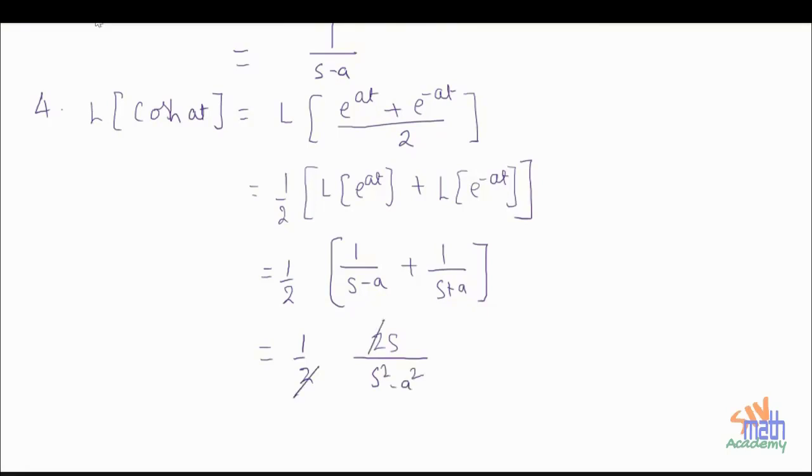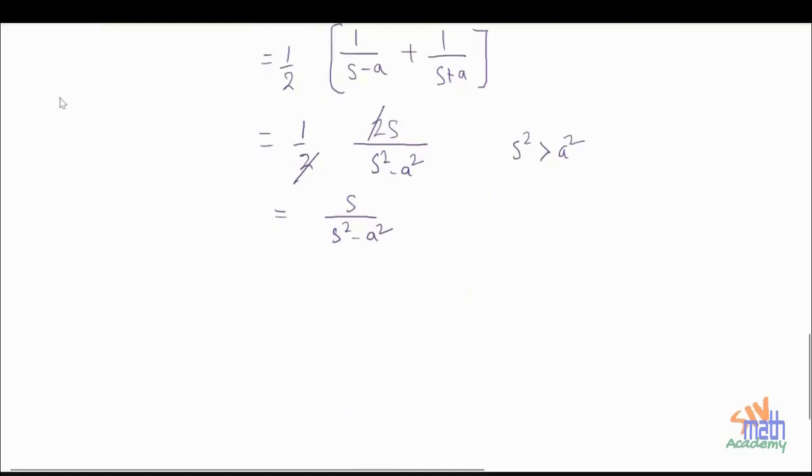Here you have to impose the condition that s square minus a square should be positive, that is, s square should be greater than a square. So finally the outcome over here will be s upon s square minus a square.